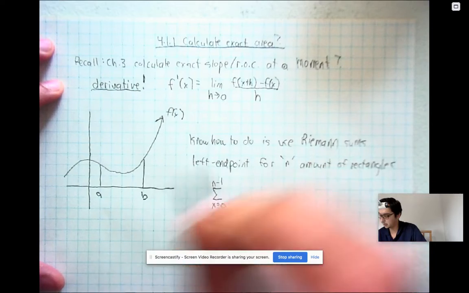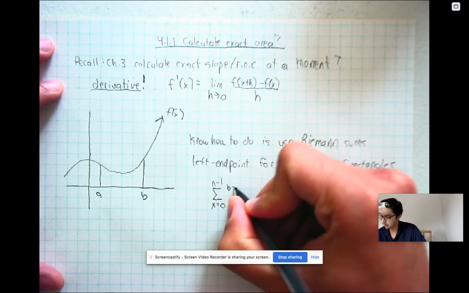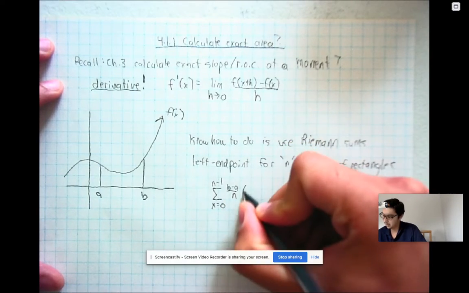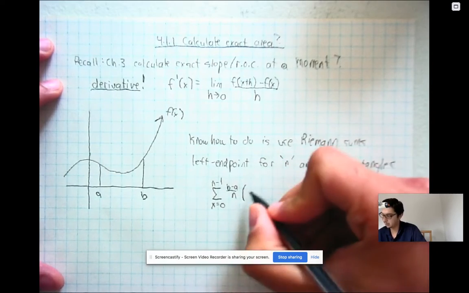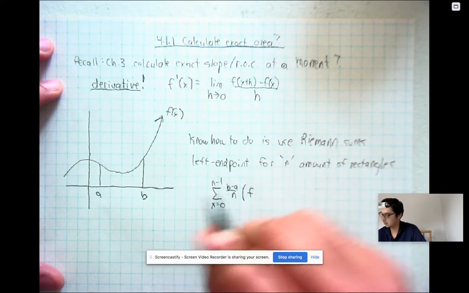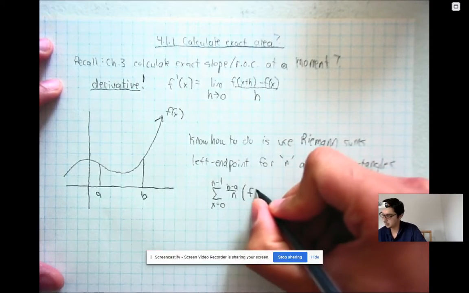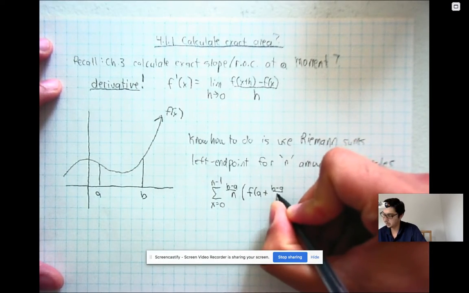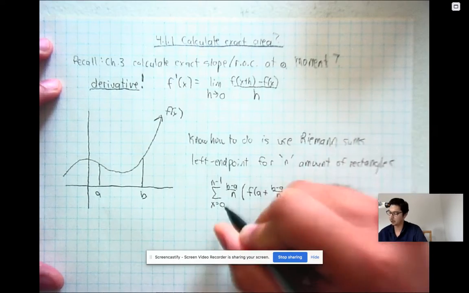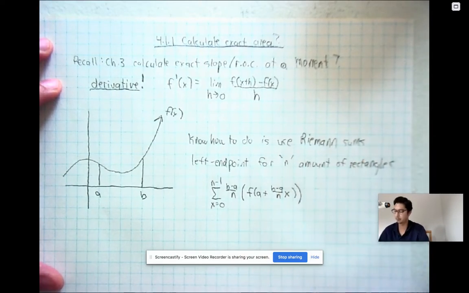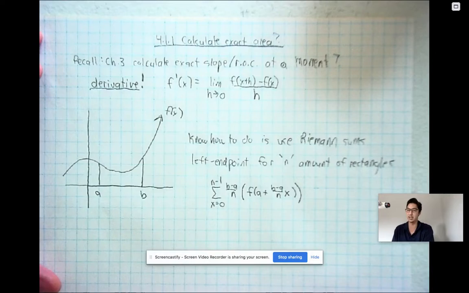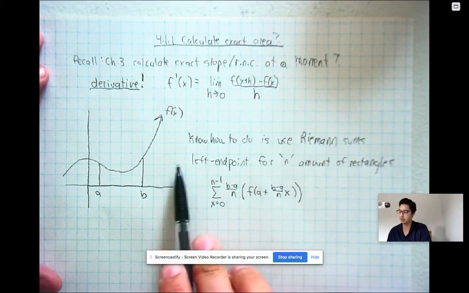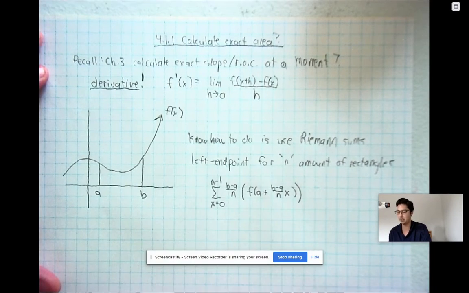And then the width of each rectangle, which is going to be b minus a over n. And then we would evaluate the height of every rectangle by looking at the first interval, which is at a, so f of a plus, and then that rate of change is changing for each summation there. So that was the general form to get the area under the curve left endpoint for n amount of rectangles.